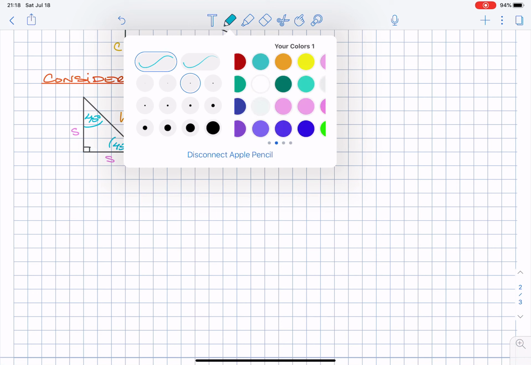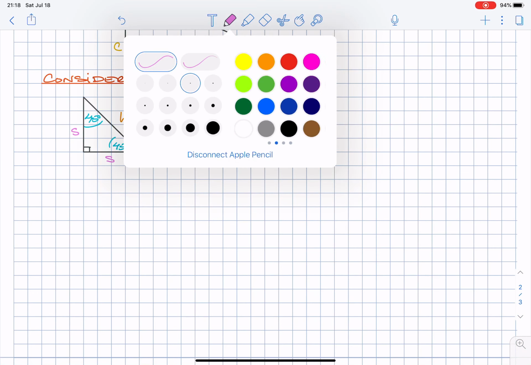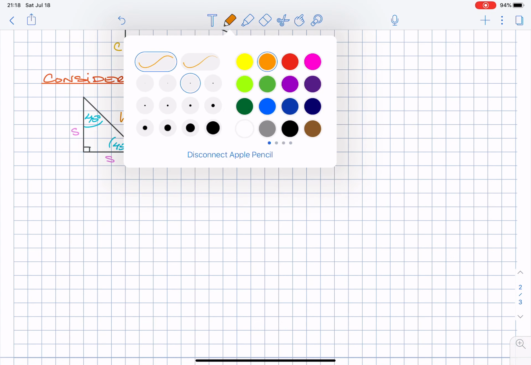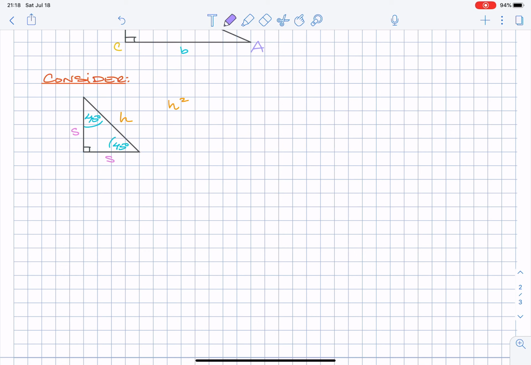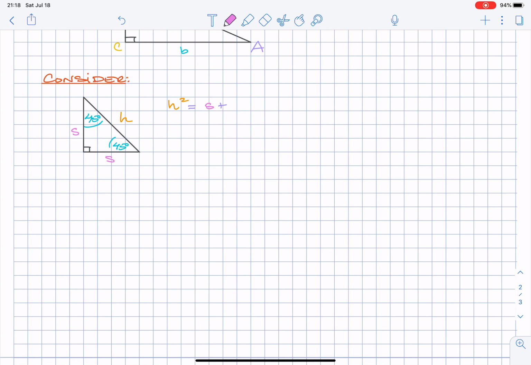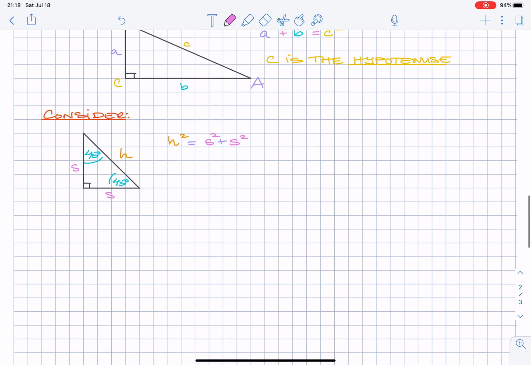Okay, using the Pythagorean theorem, actually let me make the angle so it looks a bit better. So the Pythagorean theorem states that h squared, the hypotenuse squared, is equal to the sum of the squares of the length of both sides. So in this case, a squared plus b squared is s squared plus s squared. And c is the h that we have here.